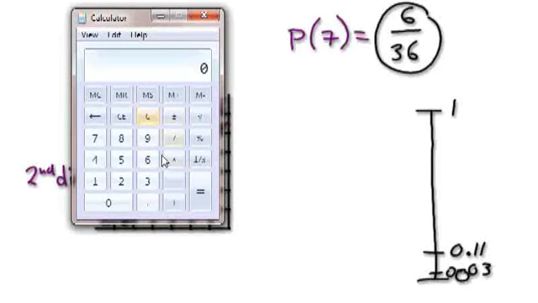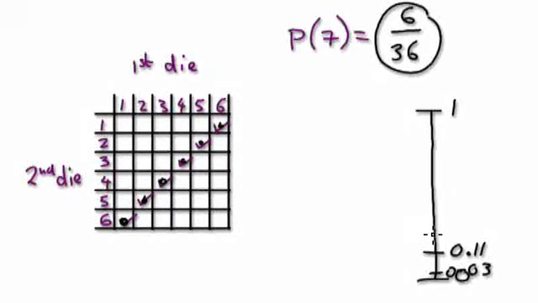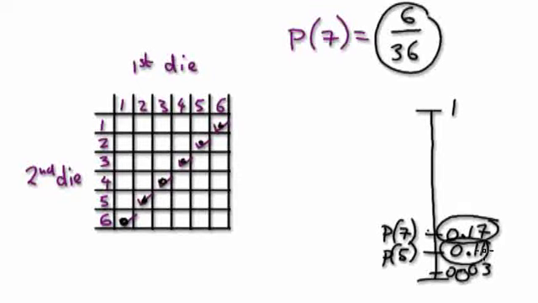So 6 divided by 36 equals 0.17. So you can see the probability of us getting a 7 is higher than the probability of us getting a 5, because you look at the decimal here.